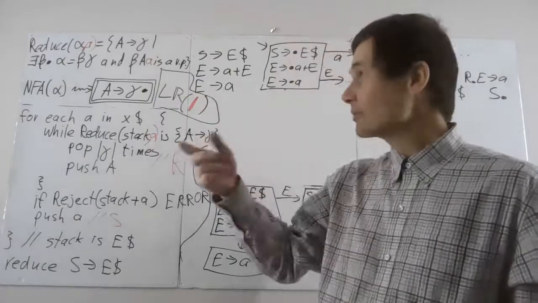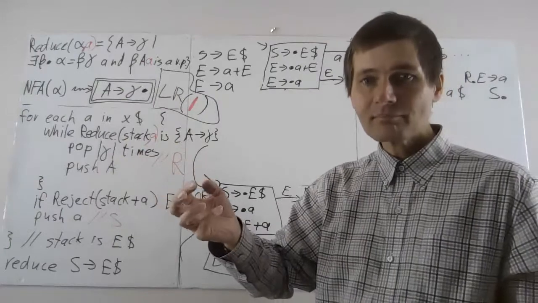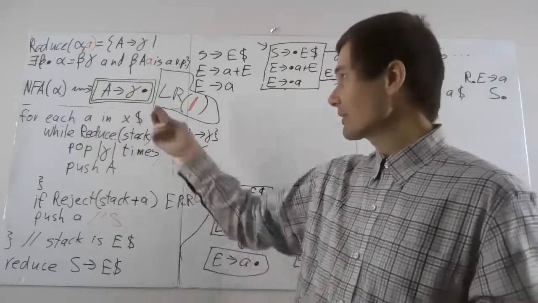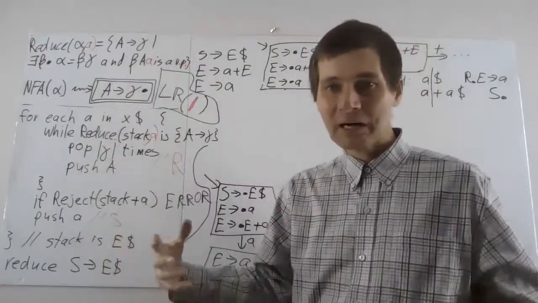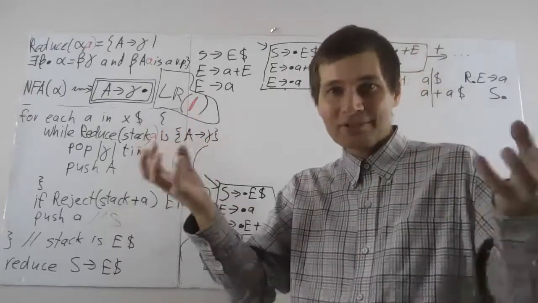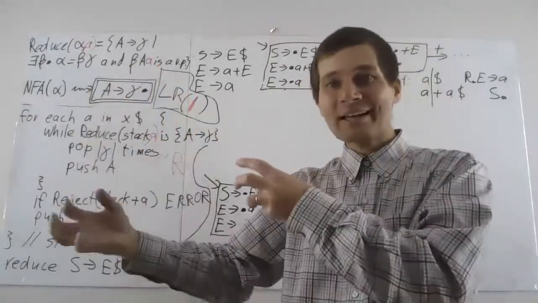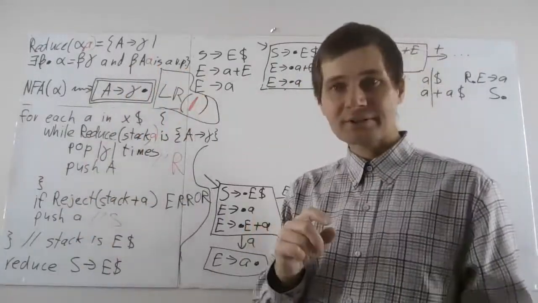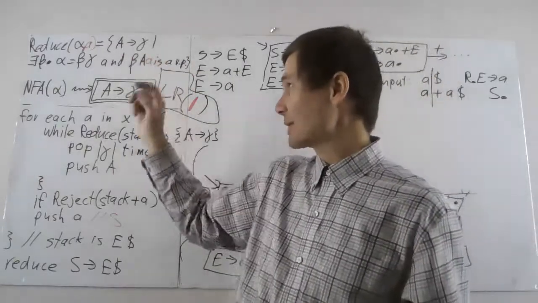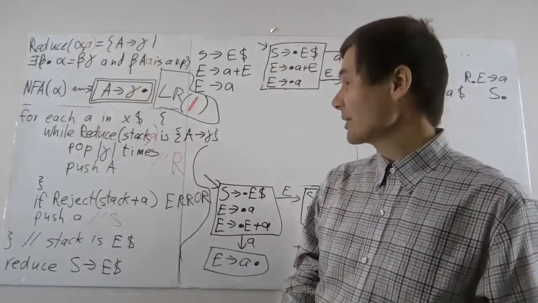Before, when we were just looking at beta A, I had that NFA, and I was able to build the NFA to deal with all the betas that might ever come up. There was this special case where I can't build an NFA for all viable prefixes, but I can build one for ones that come up as stacks, as beta gamma, to tell me whether beta A is a viable prefix.